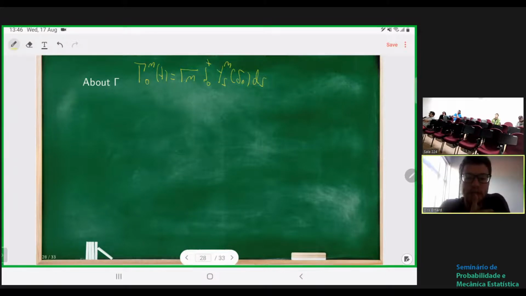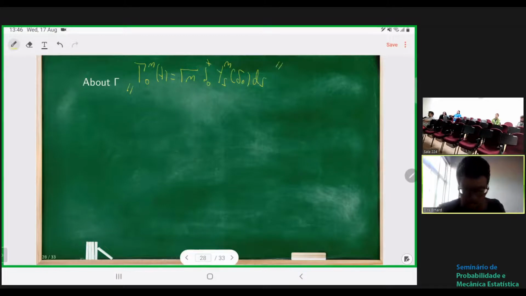However, as I was already mentioning, the fluctuation field is not a function. It's not an L2 function or a continuous function. It's a distribution, a generalized function. So it does not make sense to evaluate the fluctuation field at a fixed point. Really evaluating at the delta at 0 does not make sense. So if you want to have this relation in the limit, you need to do some kind of approximation procedure.